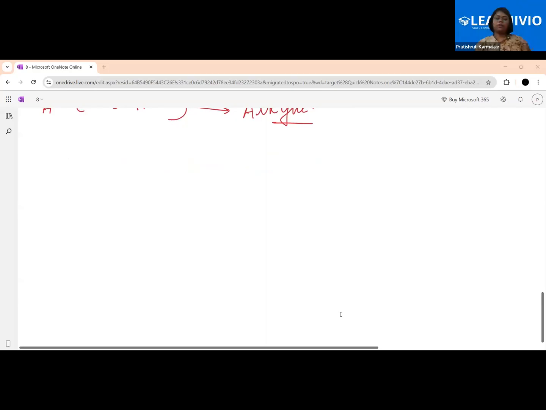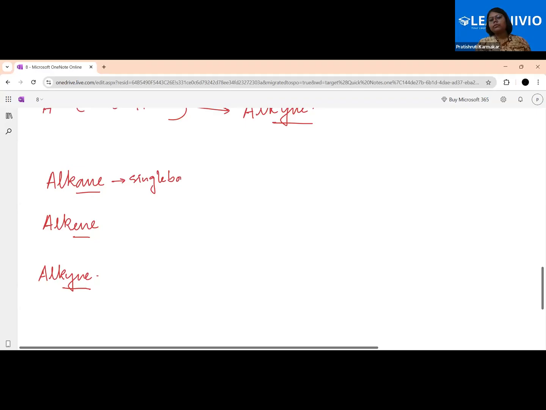Let's continue with what we were doing. Now this is for single bond. This is for double bond.